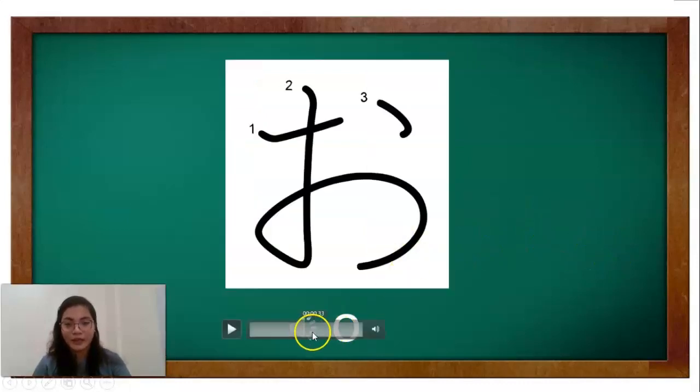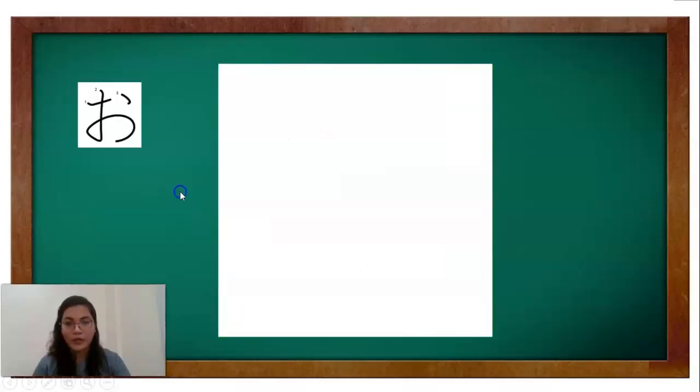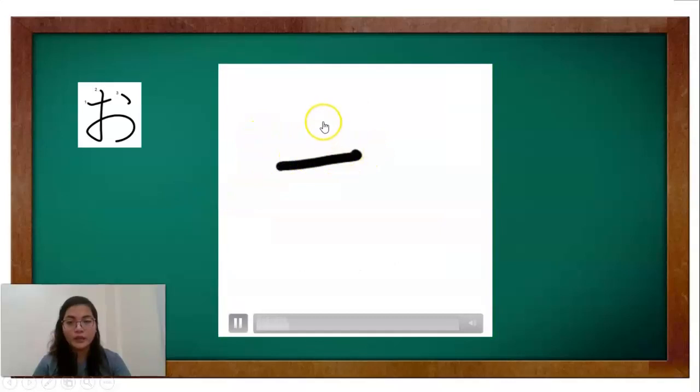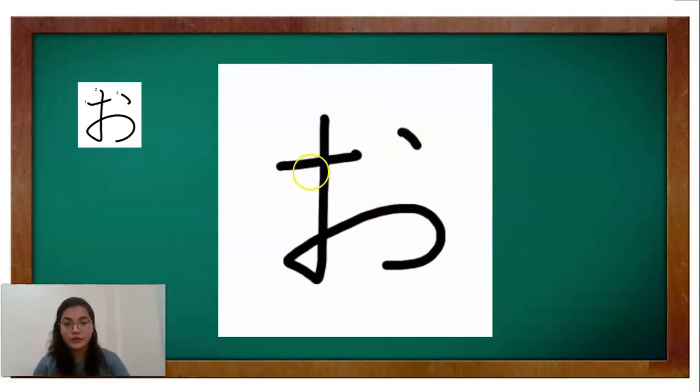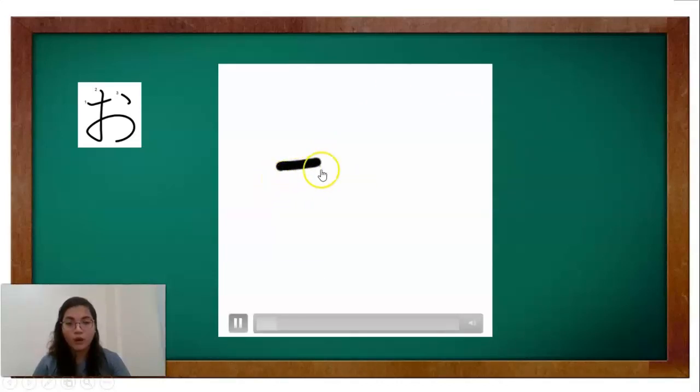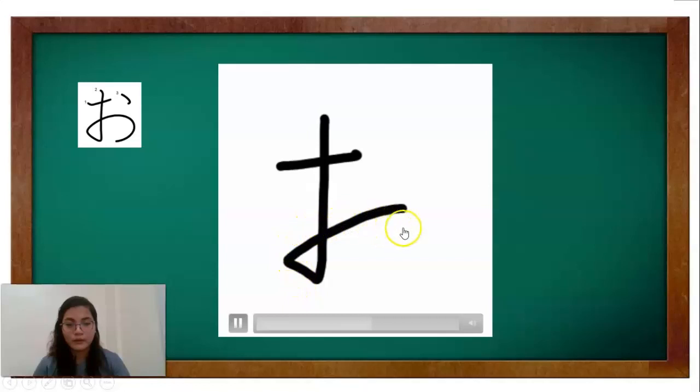Okay, next up and last for this row is the O character. O has 3 strokes. 1, 2, and 3. Okay, let's try it one more time. 1, 2, and 3.